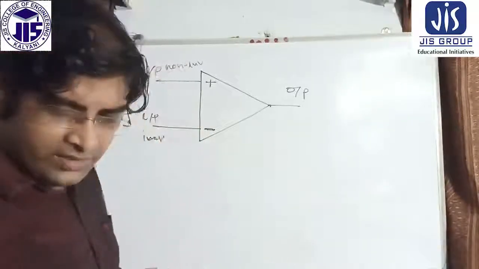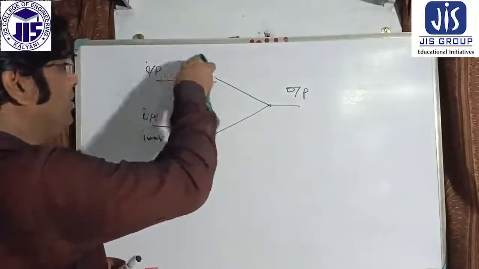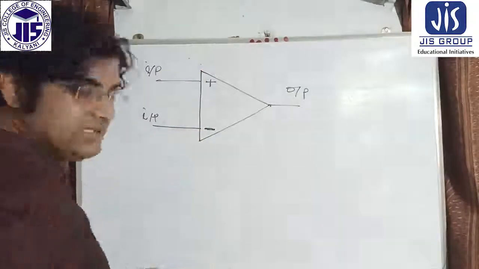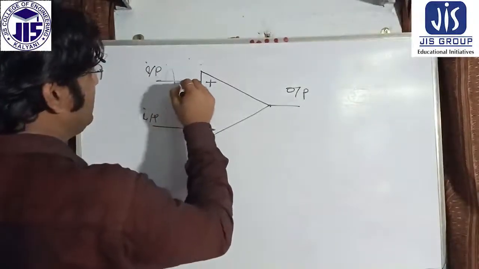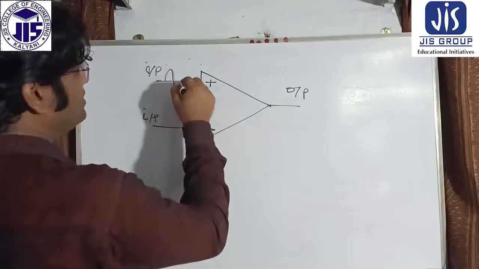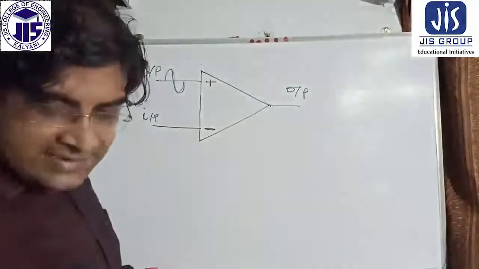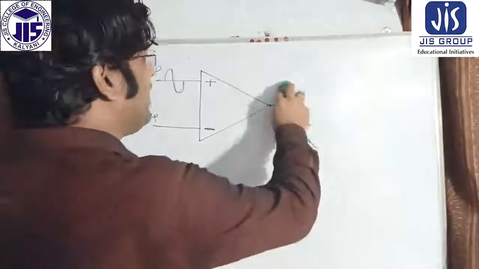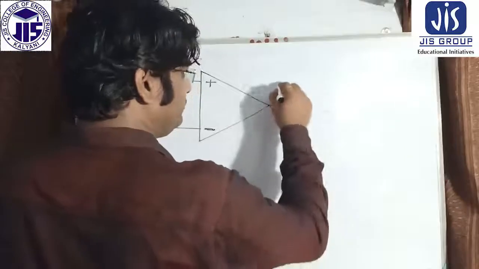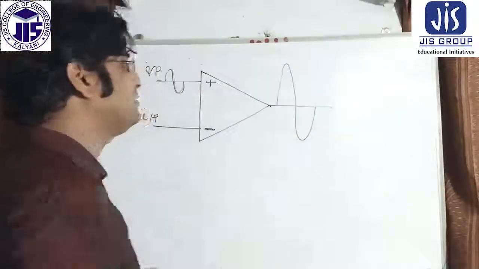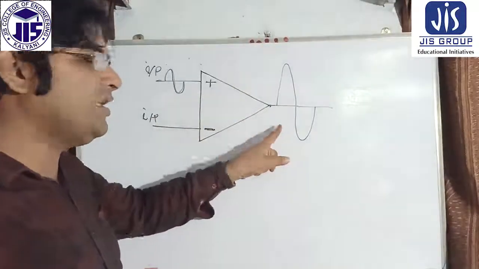I want to say one very important thing about the non-inverting and inverting terminal concept. If you introduce one signal here, the operational amplifier gives the amplified output, which looks like this.